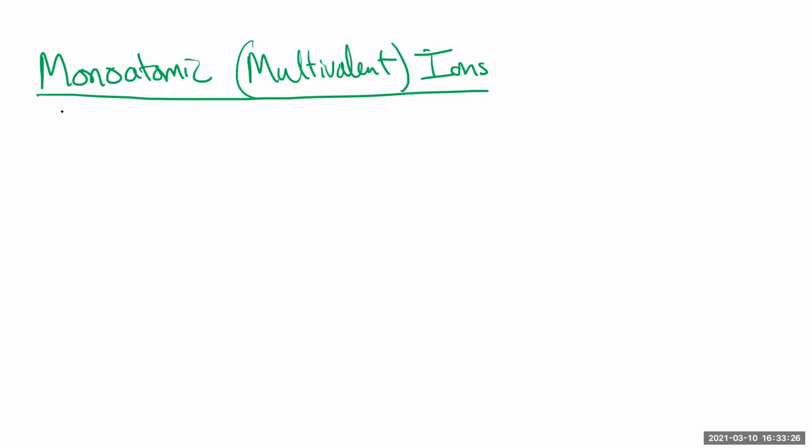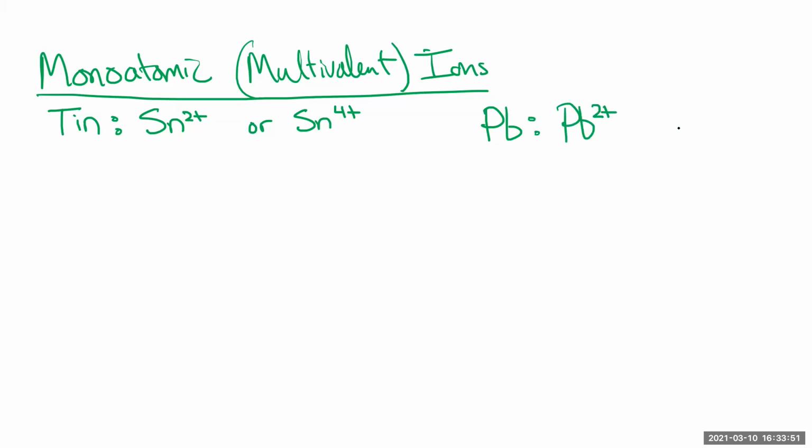One of them is tin, which is the symbol Sn. You've got tin 2 plus or tin 4 plus. Now, the nice thing is, because they're in the same group, one of the other exceptions is lead, and lead has the same possible charges, Pb 2 plus or Pb 4 plus. Okay, that is one of those nice occurrences.